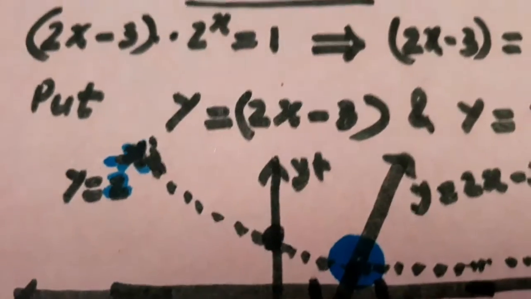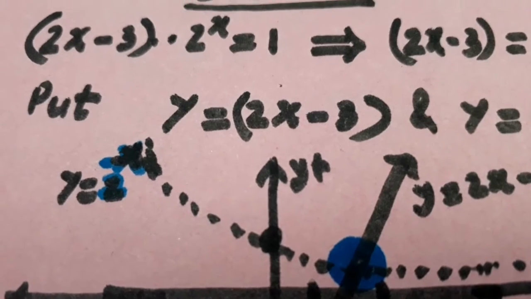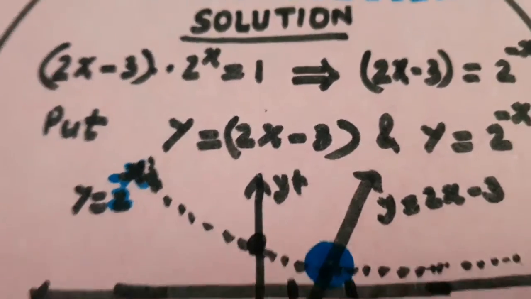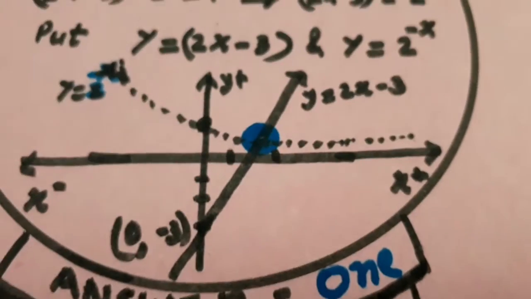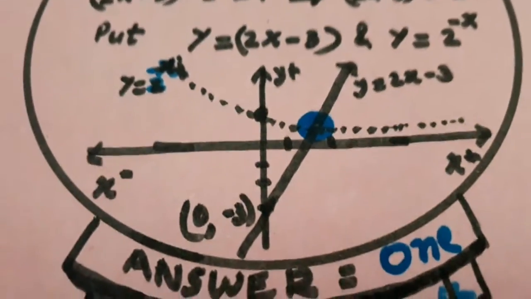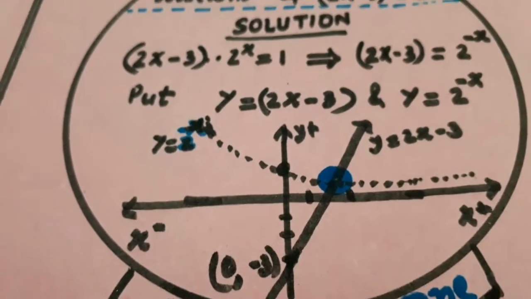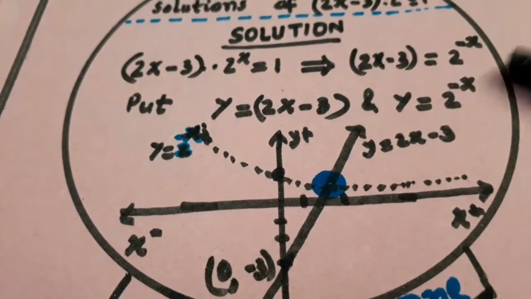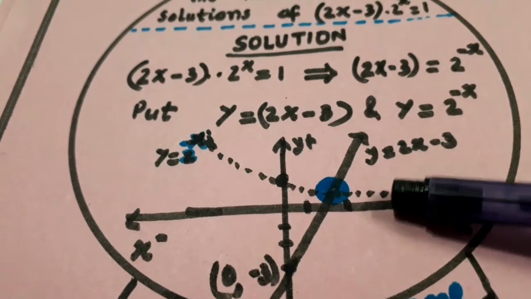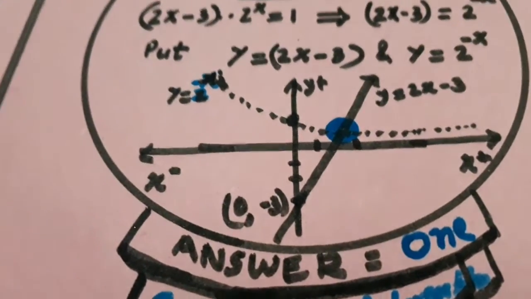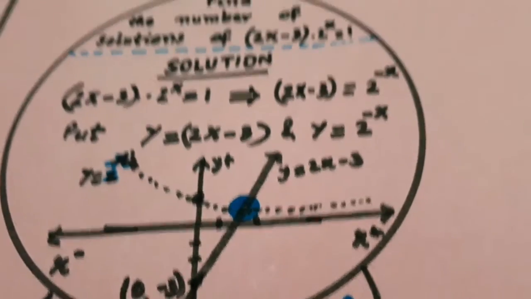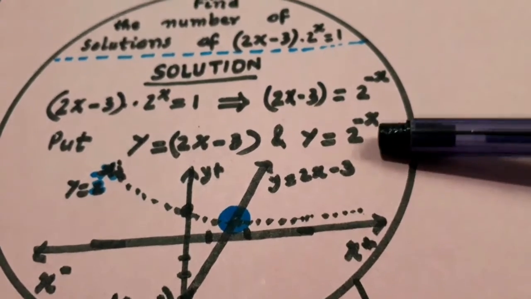So y equal to 2x minus 3 is a linear equation. It means the graph will be a line. Look here, I have made this. This is the line, y equal to 2x minus 3, right? Now the other curve is y equal to 2 raised to power minus x.